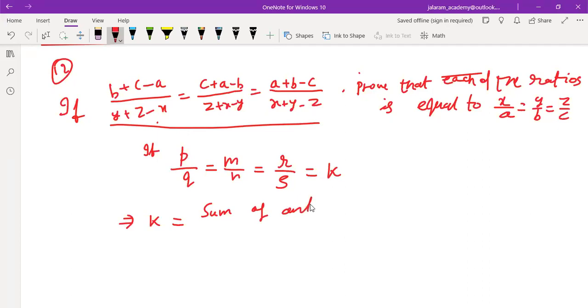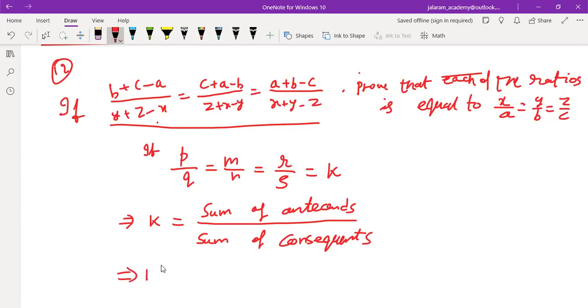sum of antecedents over sum of consequents. So first of all, write this property in your notebook: k equals sum of antecedents upon sum of consequents. It means that all the antecedents, we don't say them numerators.